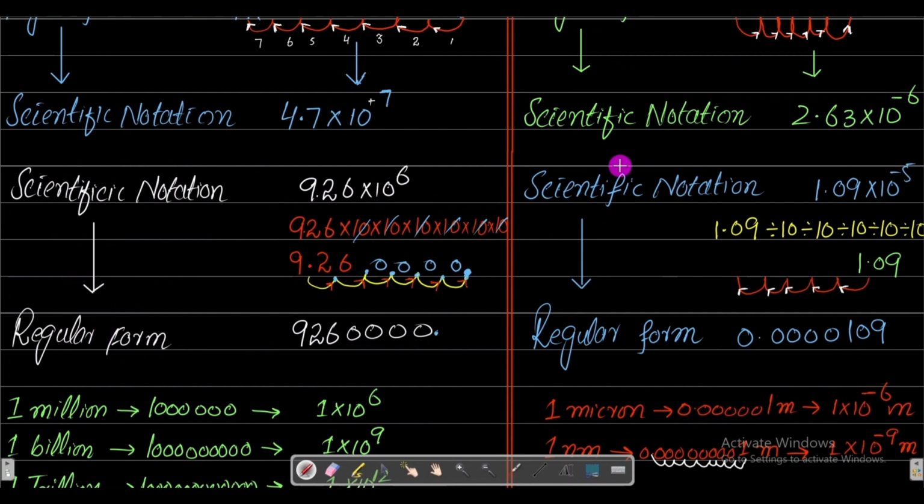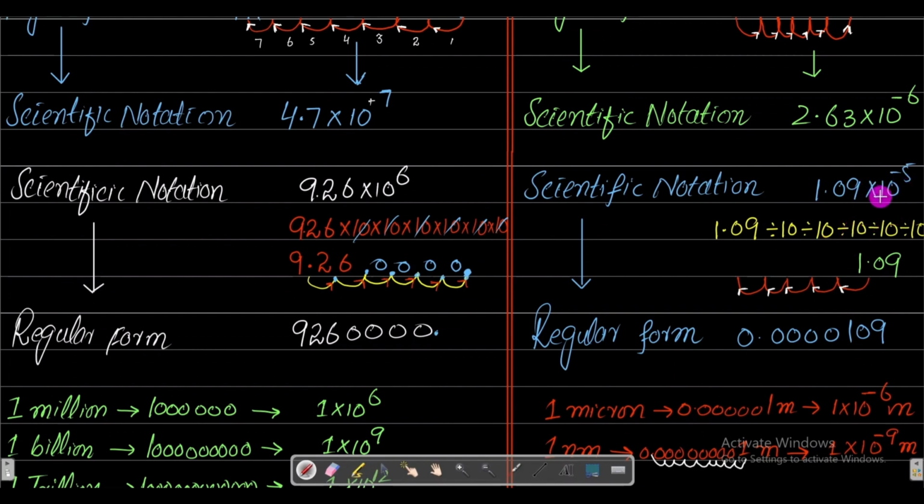And similarly, the same case is present here to convert the scientific notation of a smaller number into regular form. So this is the scientific notation of a smaller number, let's say we have 1.09 multiplied by 10 raised to power minus 5, and how do we convert this into the regular form?